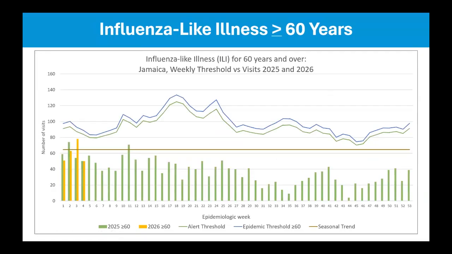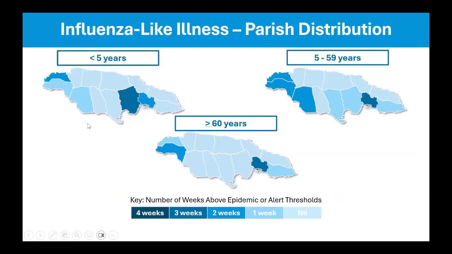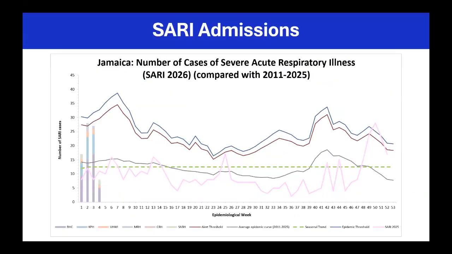For 60 years and older, we went above the seasonal line, but not reaching it. But we do look at it at parish level, so certain parishes were having greater than usual amount of cases of influenza.